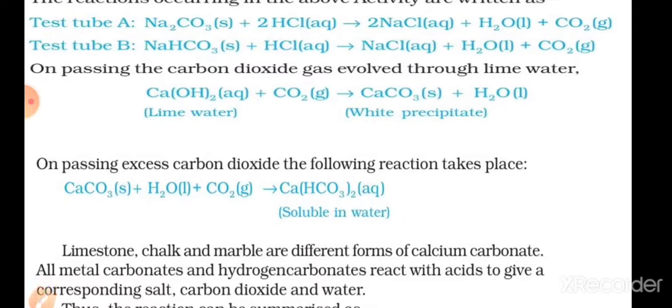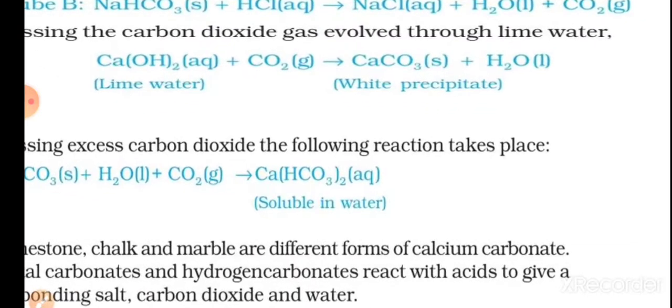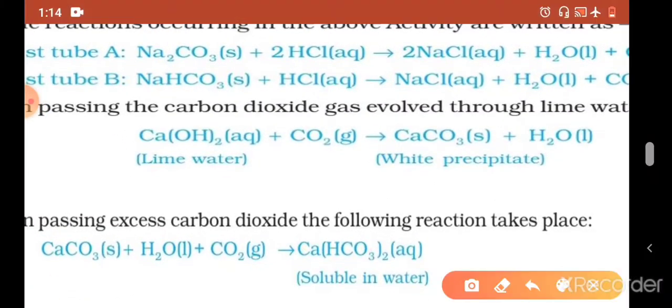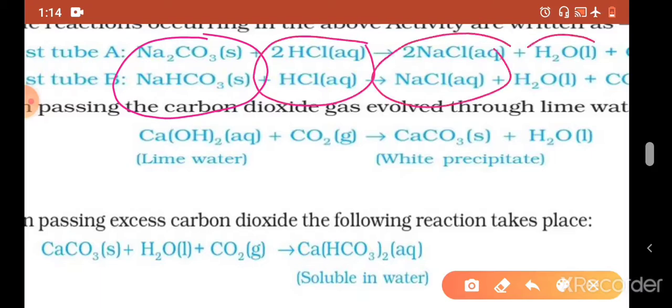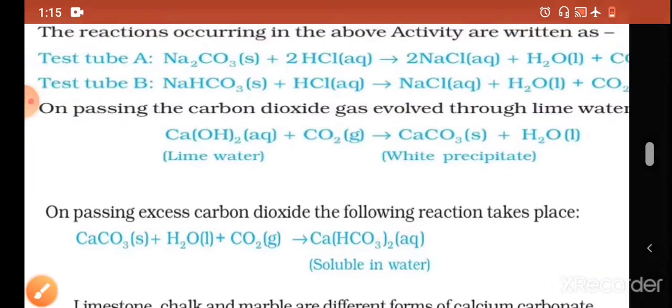So these are the things we have to remember. The major thing in the third property is that metal carbonate or metal bicarbonate reacts with acid to give salt plus H2O plus CO2. So remember to write the number 3 property and the general formula: metal carbonate or metal bicarbonate plus acid gives salt plus water plus carbon dioxide. And for the whole experiment, draw the previous diagram.